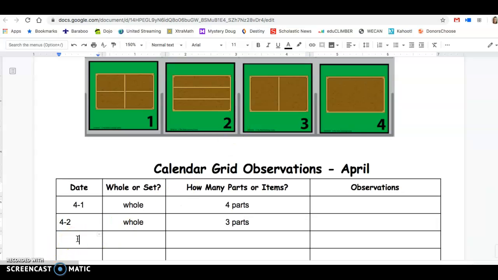Third calendar marker, 4-3, April 3rd. Again, we have a whole garden bed. But how many parts do you see? If you said 2, you are correct. 2 parts.